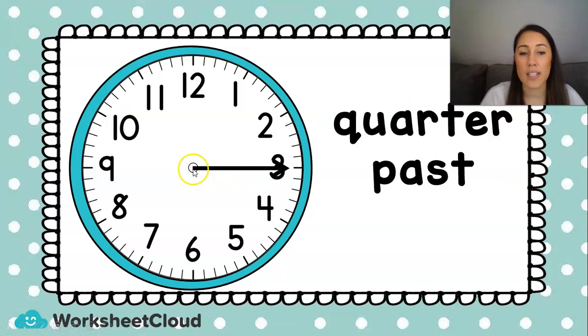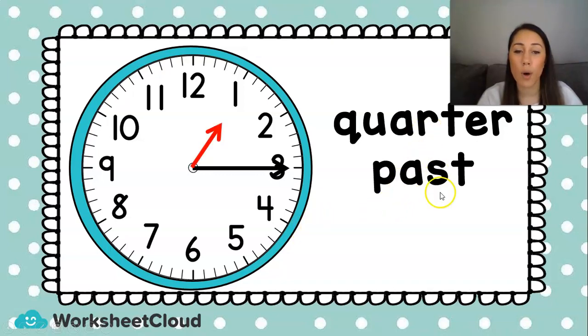Okay, remember we said that when our long hand is on this side, it is the past side, and it is now on the 3, so it is quarter past. Now we need to look for our short hand, and it is quarter past 1.